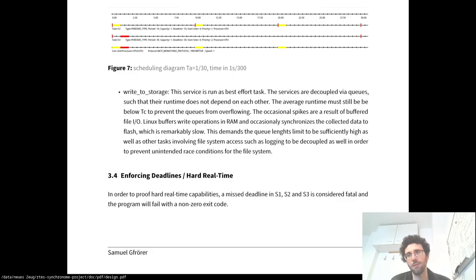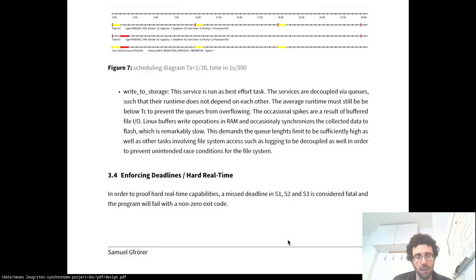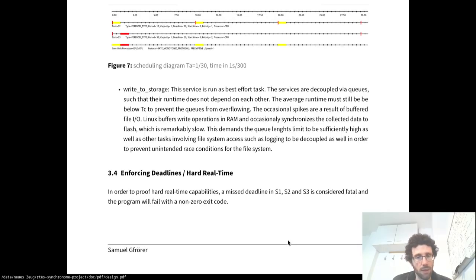So that gives additional proof that the system under all circumstances can be considered a hard real-time system, and a successful run of the program is always proof that every service has met its deadlines.